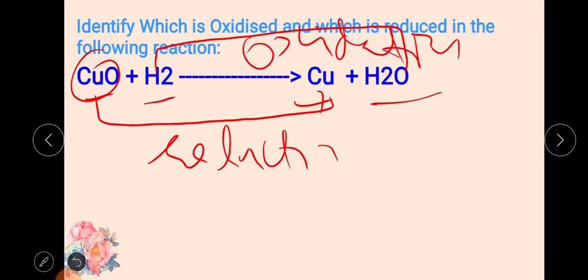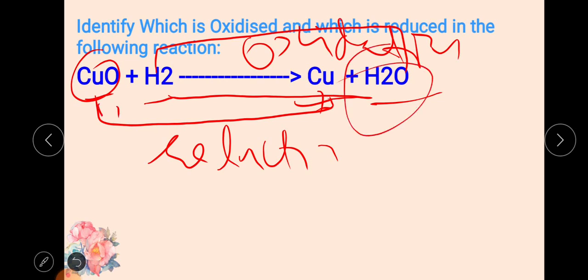If oxidation and reduction both occur in one reaction, we call it a redox reaction. So here copper oxide is reduced to copper, and hydrogen is oxidized to water.